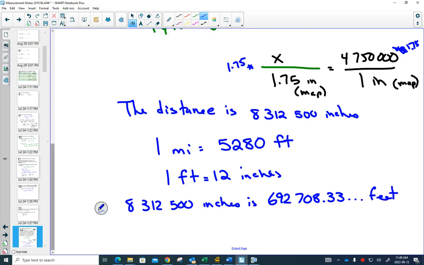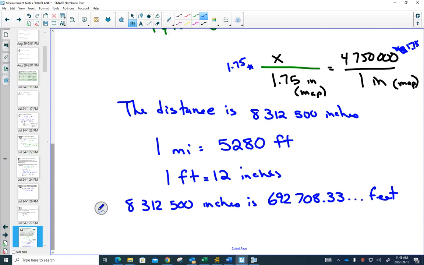And then I can divide that. I should have less miles. So I'm going to take that answer. And the nice thing on most of your calculators is once you have an answer, if you just hit divide next, it takes the answer that you had and divides it. So you don't have to retype in this. I have that number already. I'm going to divide by 5280.